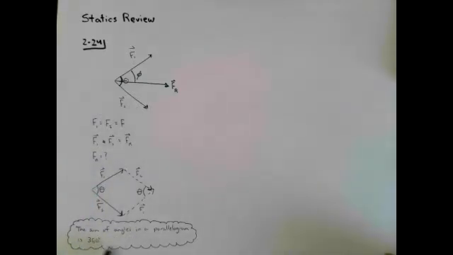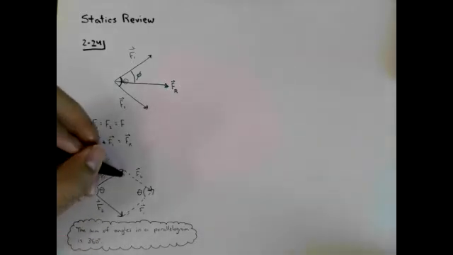If the sum of angles in a parallelogram is 360 degrees, then that is actually going to help us find these two angles. Because now we know that theta plus theta plus this angle plus this angle is equal to 360 degrees. But we also know that these two angles are the same. So we know that 2 theta plus 2 times this angle should be equal to 360 degrees. So what does that tell us about this angle?